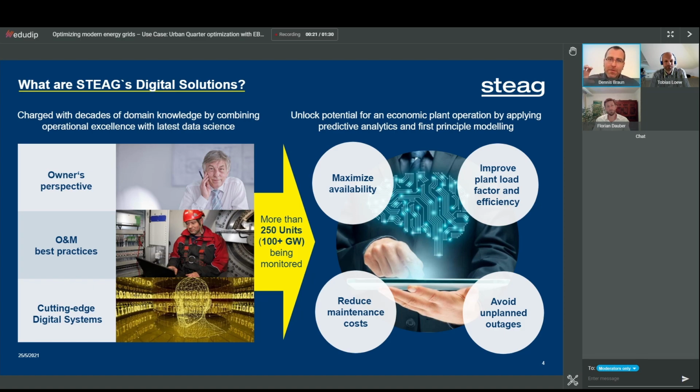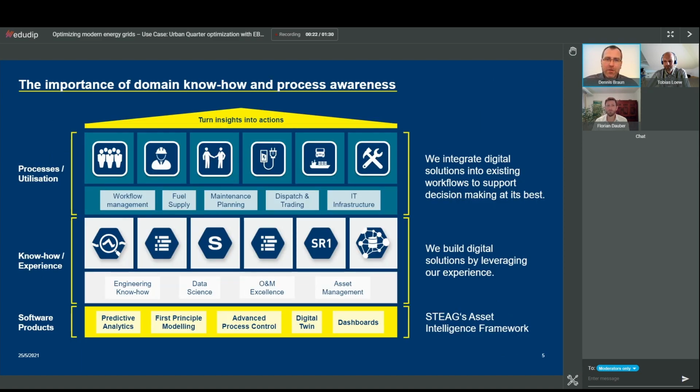So that is all aimed to maximize availability of assets, to improve the plant load factor and efficiency, to reduce maintenance costs and avoid unplanned outages. So always the owner's perspective on the asset, that is what we are standing for and what we are working on constantly. A final slide here about our asset intelligence framework. At the bottom, we have different software modules. We have experience in different fields in the middle.